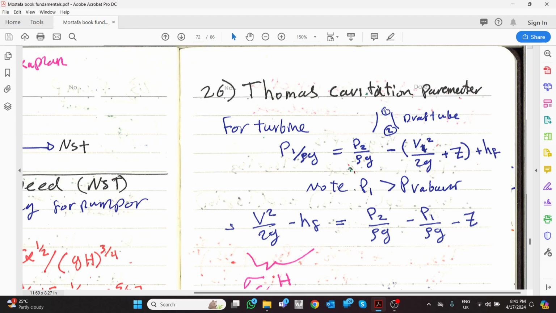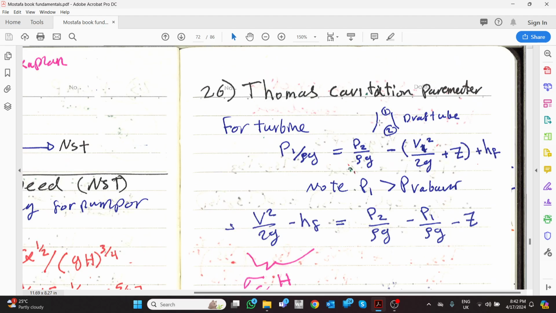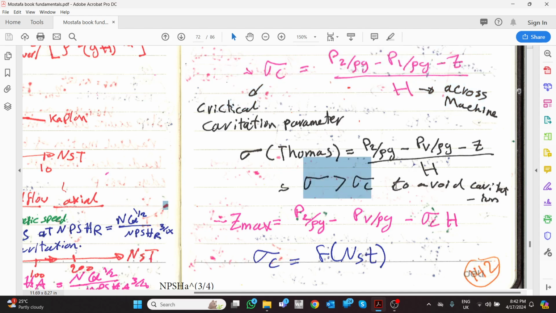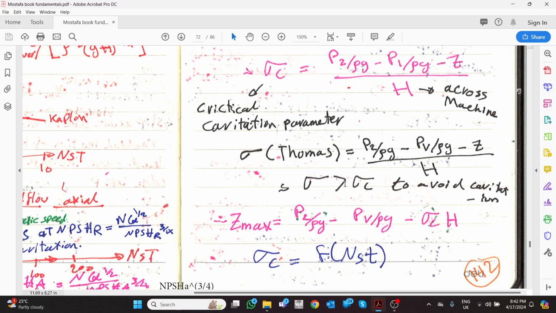He assumes that a cavitation has already happened here. So the critical cavitation parameter is the normal one, or the actual condition that we have. And he said, okay, I assume as Thoma that cavitation has already happened here, and I'm going to calculate sigma C. So he says that sigma should be bigger than sigma C, by any means, to avoid cavitation.